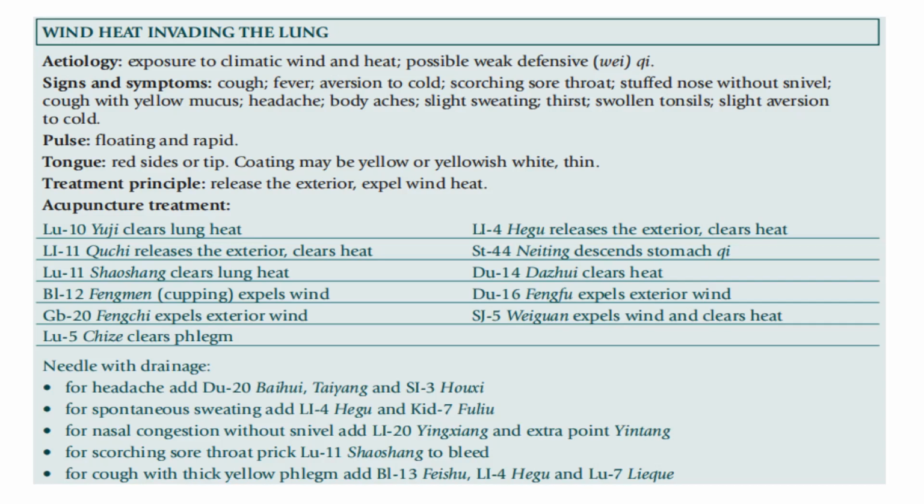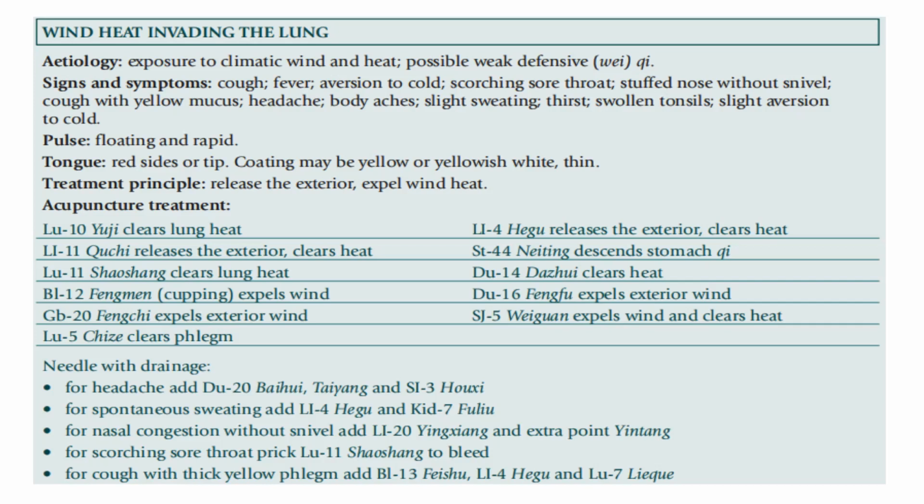We can also use Gallbladder 20 to expel exterior wind, Lung 5 to clear phlegm, LI4 to release the exterior and clear heat, Stomach 44 to descend stomach qi, Du14 to clear heat, Du16 to expel exterior wind, and Sanjiao 5 to expel wind and clear heat. For the needling technique, we needle with drainage.